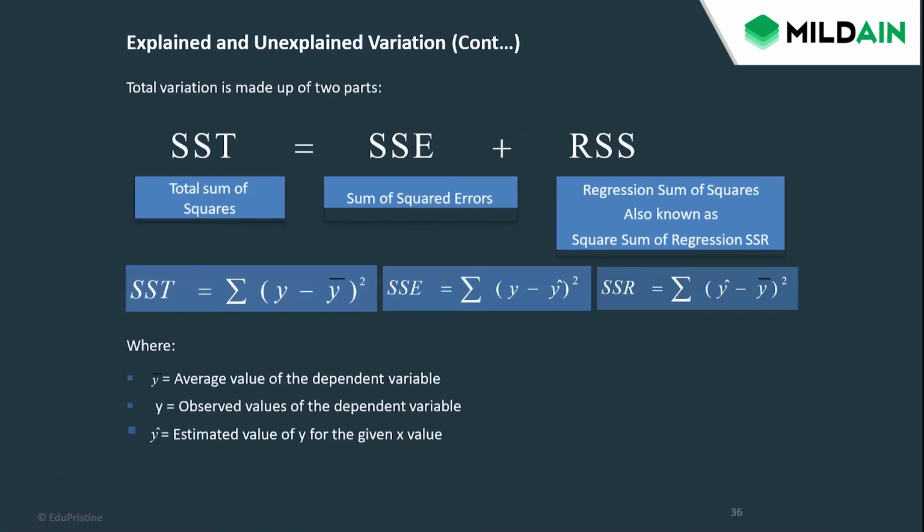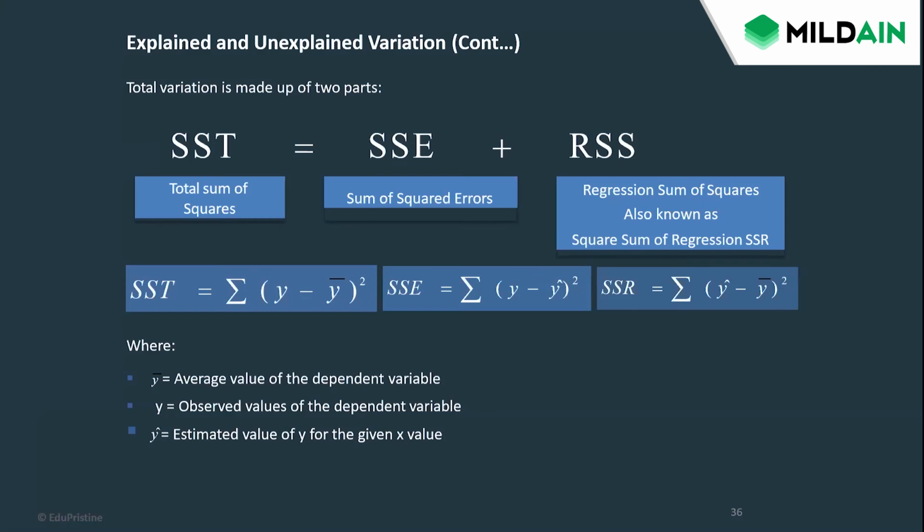SST, the total sum of squares, is the sum of square error plus RSS. SST is the summation of y minus y dash square, the sum of error is y minus y cap, and SSR is y cap minus y dash. Here y dash is the average value of the dependent variable, y is the observed value of the dependent variable, and y cap is my estimated value of y for the given x value.